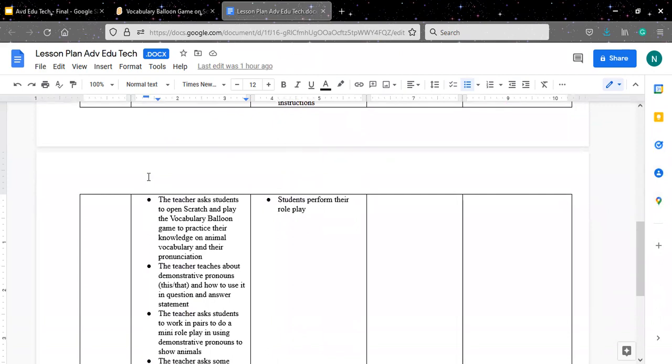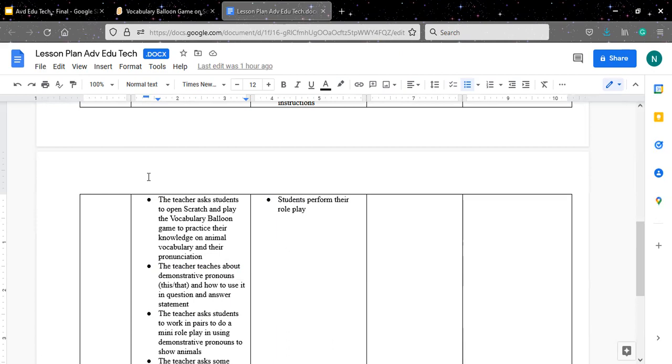This is the role of the vocabulary balloon game. To check students' understanding of the teacher's explanation about the animal names, the teacher can ask students to open Scrap and play the vocabulary balloon game. The purpose is to practice students' knowledge of animal vocabulary and pronunciation. This can be used as a learning activity and also as a formative assessment to check student understanding.